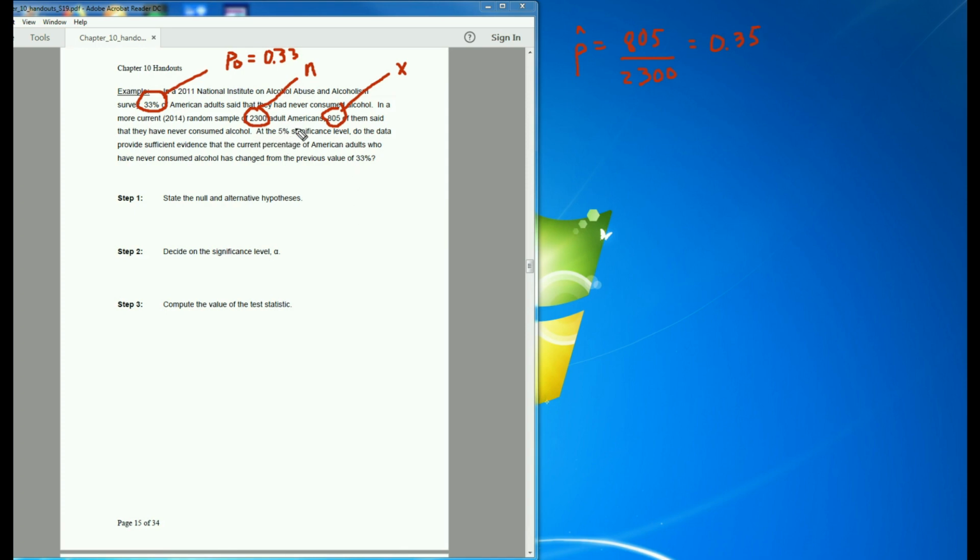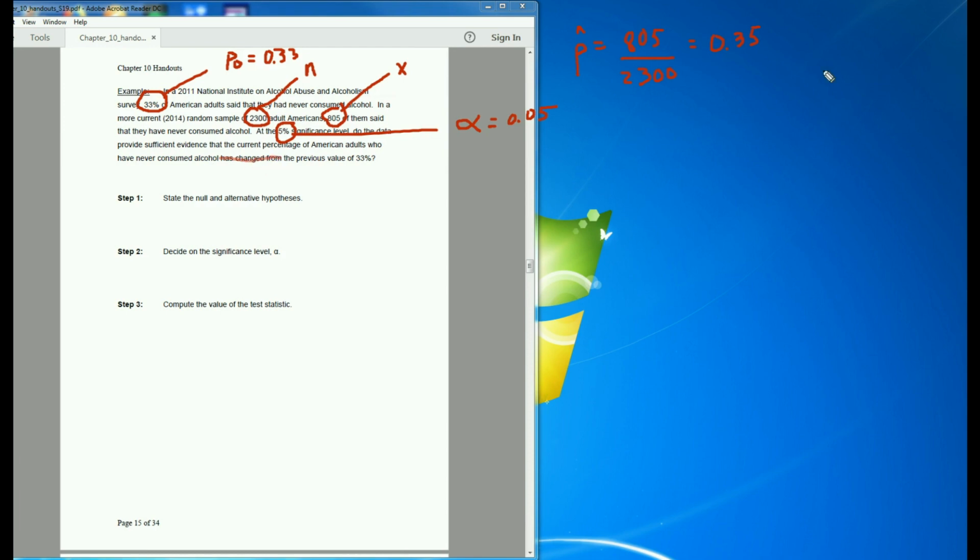At the 5% significance level, that is telling us alpha is 0.05. Do the data provide sufficient evidence that the current percentage has changed? Has changed from.